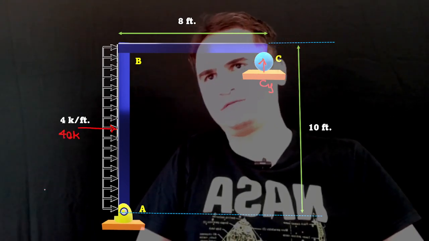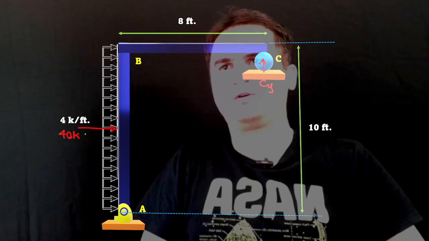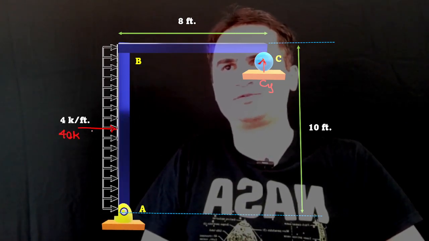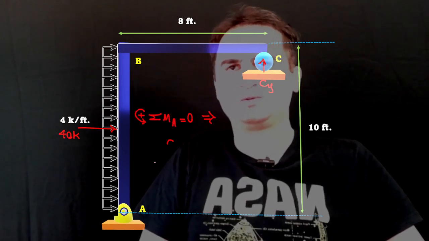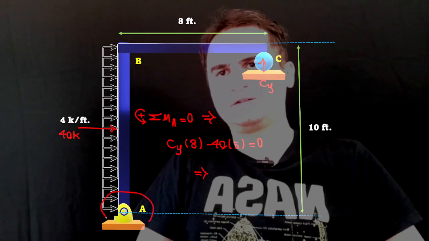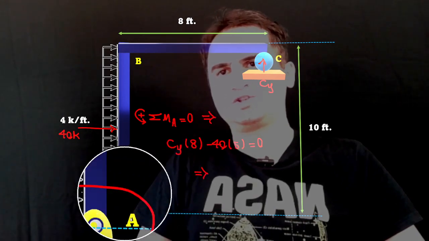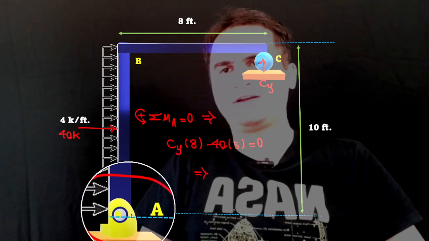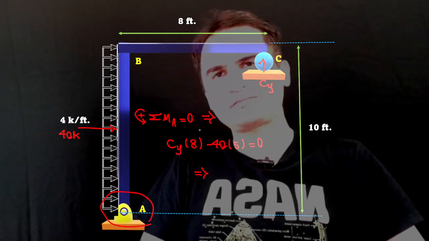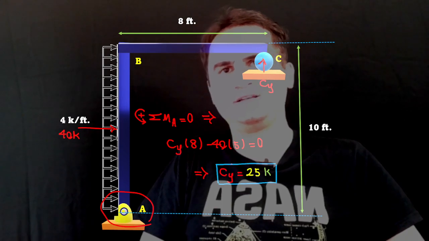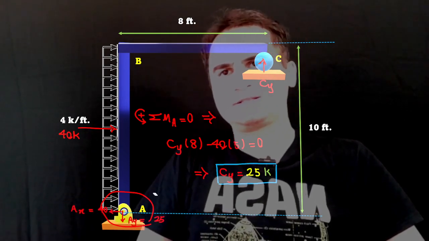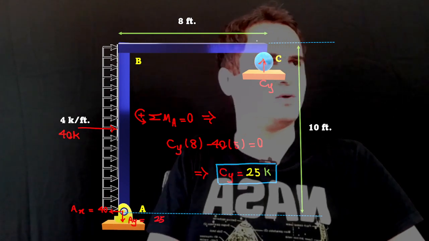First, we want to get the support reactions, converting the distributed load to a concentrated load at the center. Then the summation of moment about point A, which simply eliminates the two forces A_x and A_y, gives us C_y equal to positive 25, in the positive y direction.